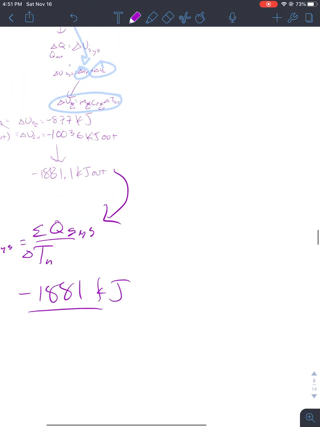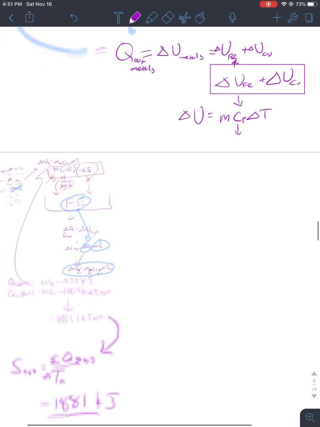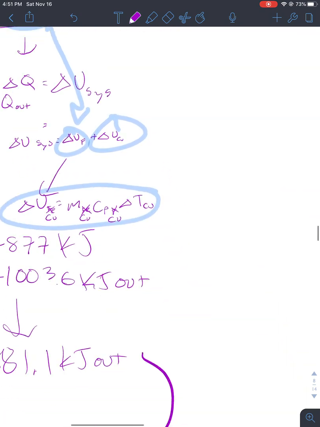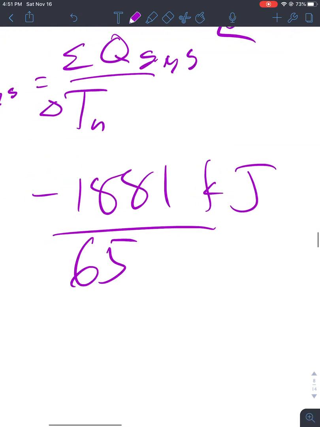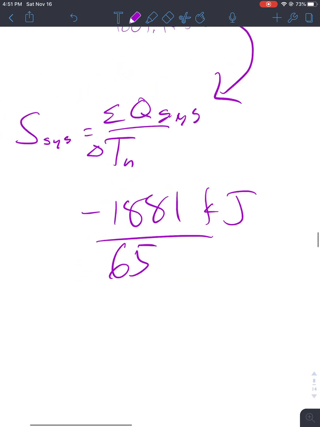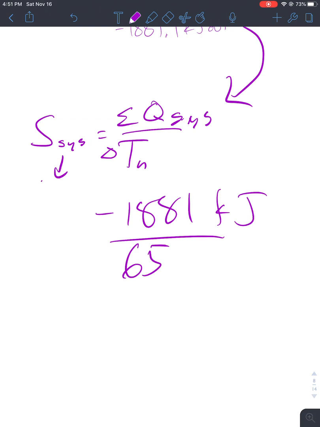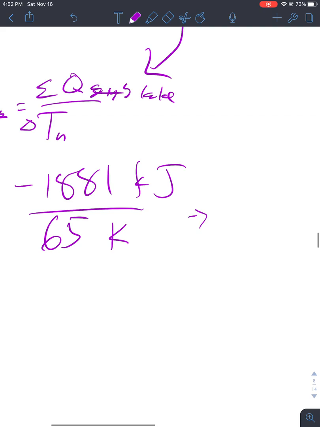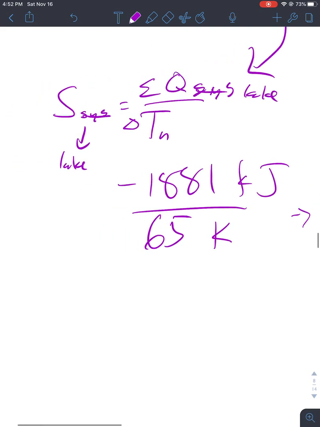Delta T. Oh, whoops, not the system, of the lake. Got that wrong. Equals that over 65, whatever, say Kelvin, which goes to kilojoules per Kelvin equals S.